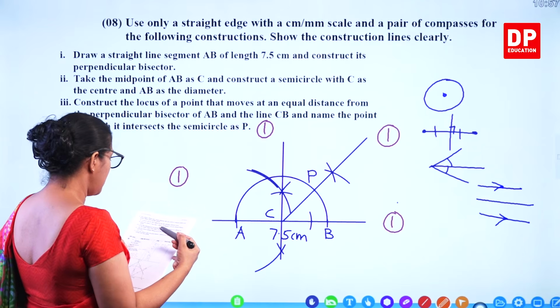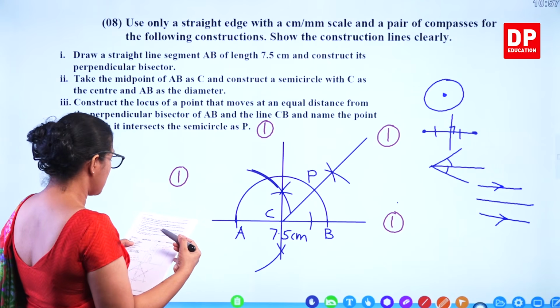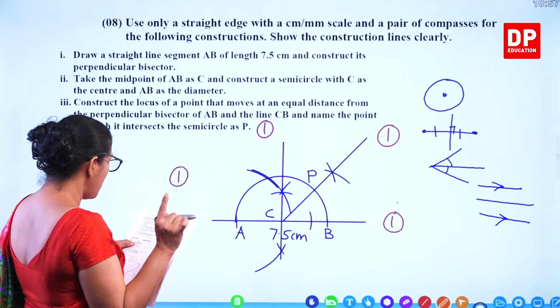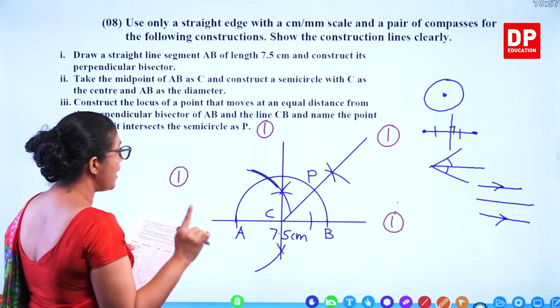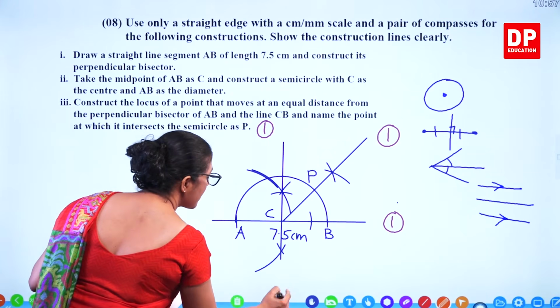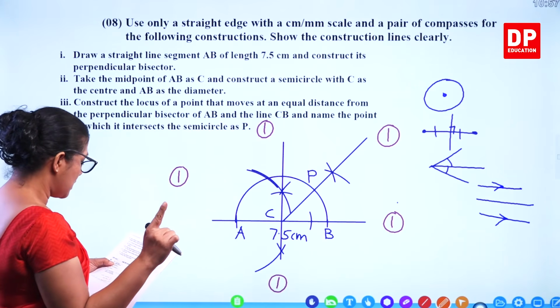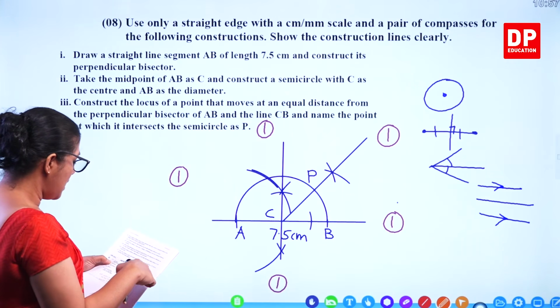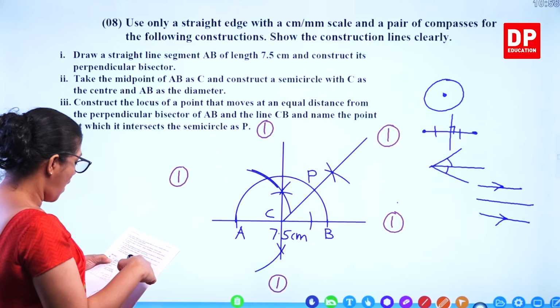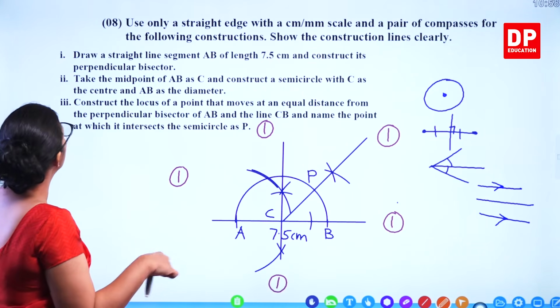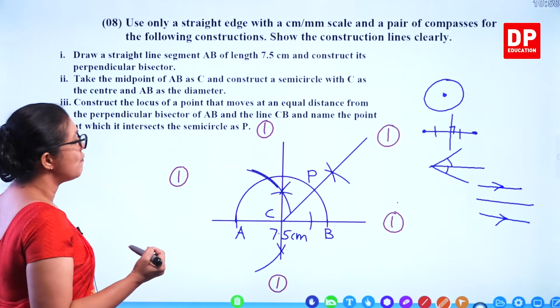So only how many marks? 1, 2, 3, and you get another mark for perpendicular bisector. So here marking this point also 1 mark. So what's the total? 3, 4, 5 marks. So first 3 steps you get 5 marks.